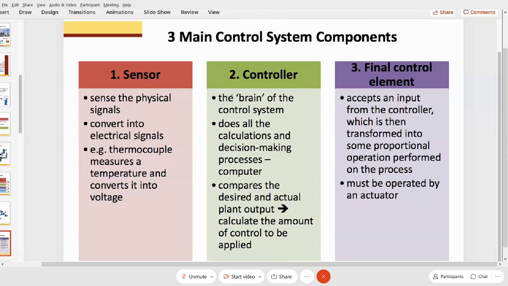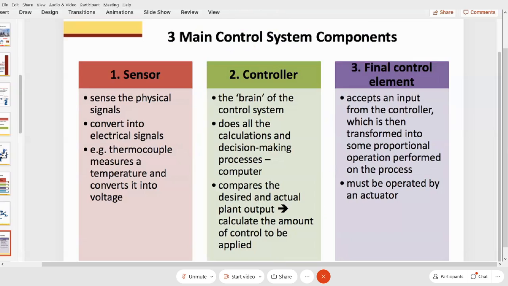Very good. Okay, so the main control system components, actually we have discussed: we need a sensor, we need a controller, the brain of the control system, and we need the final control element. Final control element is actuators.